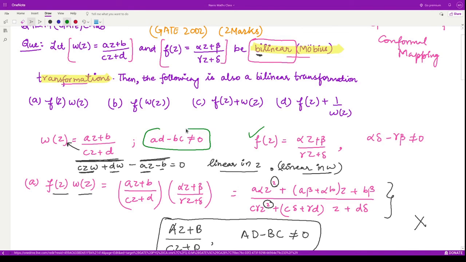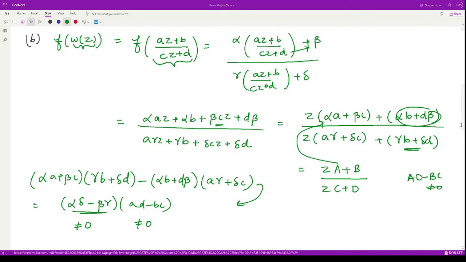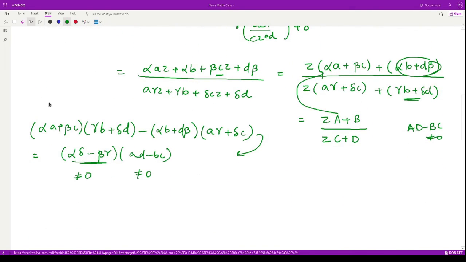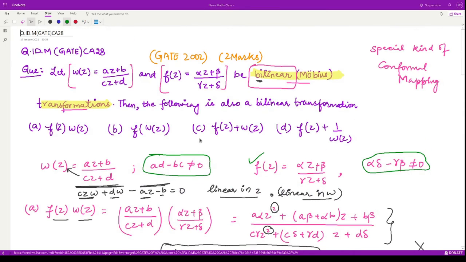So this term is not equal to 0 and this term is also not equal to 0. Using these two expressions, AD minus BC is also not equal to 0. So we can clearly say that the composite f of w of z is bilinear. So we got our answer. Option B over here is the correct option.